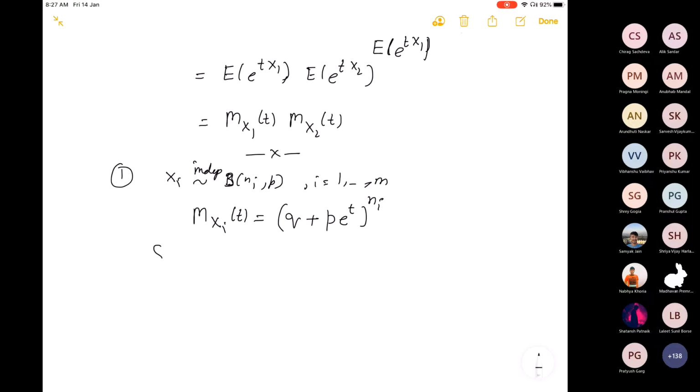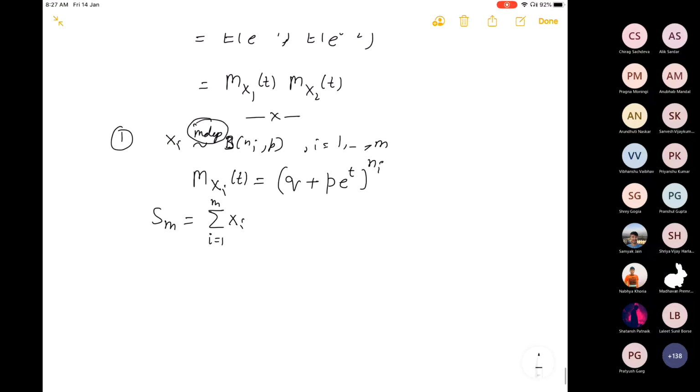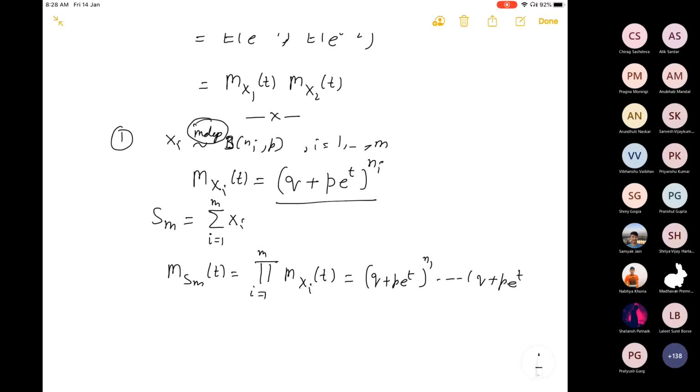Now let me take Sm as the summation of xi, i from 1 to m. Because they are independent, the moment generating function of this will be the product of their moment generating functions. So the product will be (q plus p e raised to power t) raised to power n1 into (q plus p e raised to power t) raised to power nm.